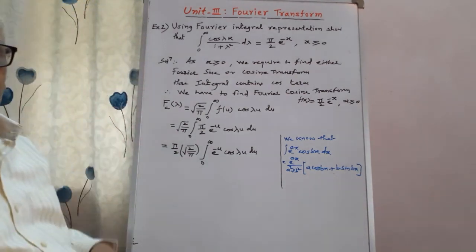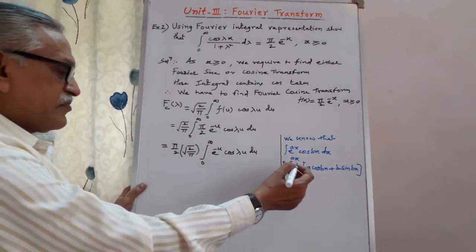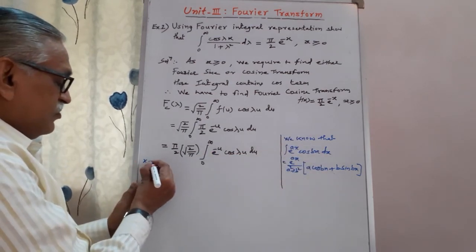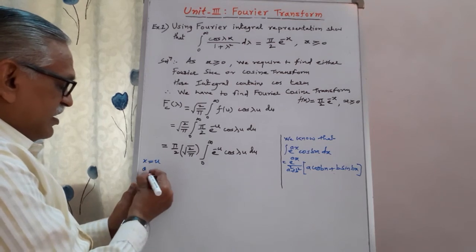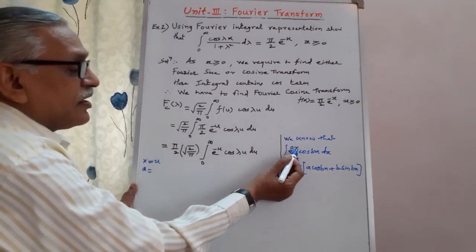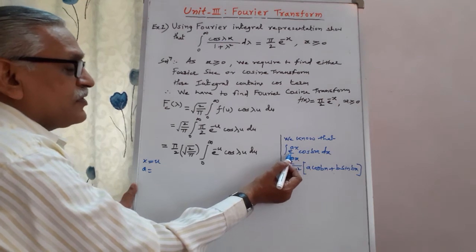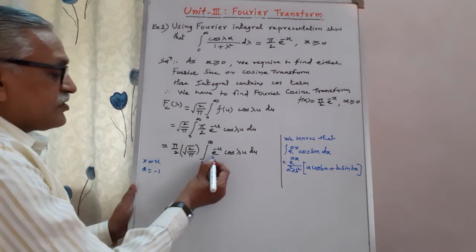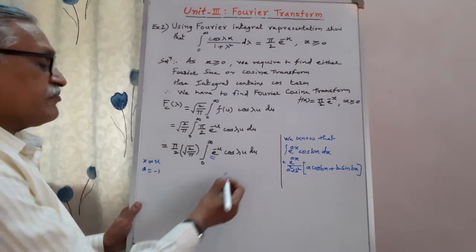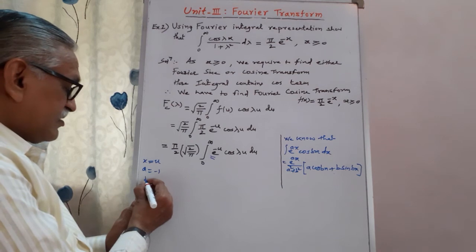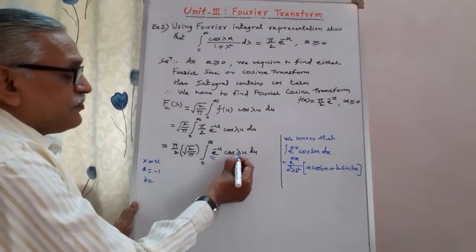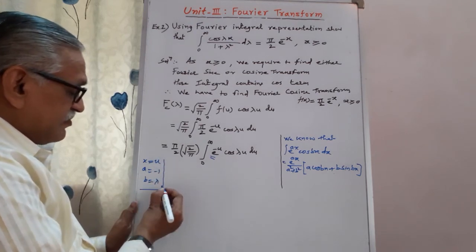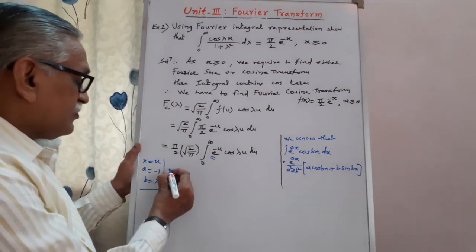Comparing these two results, x is u, the coefficient of u in the exponent is a, which is minus 1, and in cos of bx the coefficient of u is b, which is lambda.